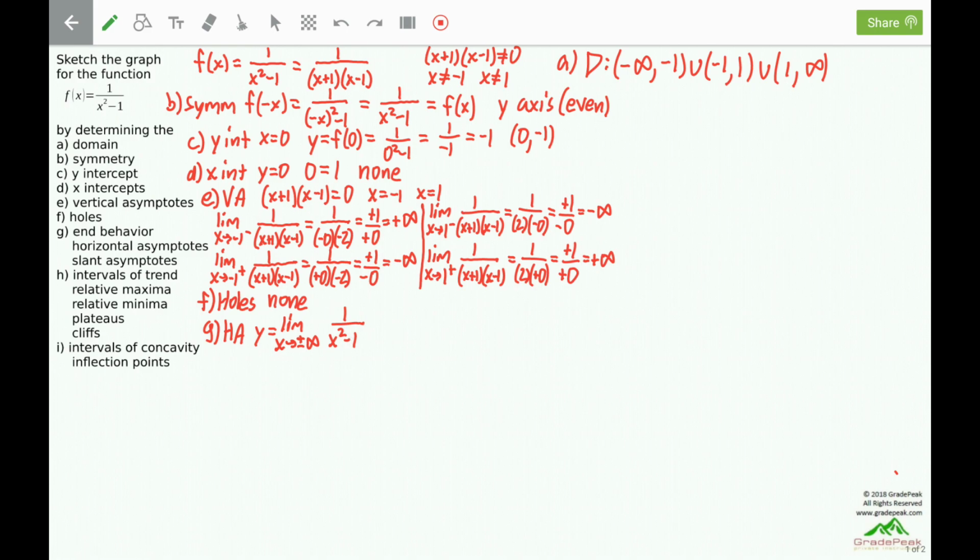We do not need the factored version here. The numerator is a constant. The highest power term in the denominator is a power of 2. It's bigger than the numerator. So as x approaches positive or negative infinity, this will be equal to 0. And therefore y equals 0 will be the horizontal asymptote.